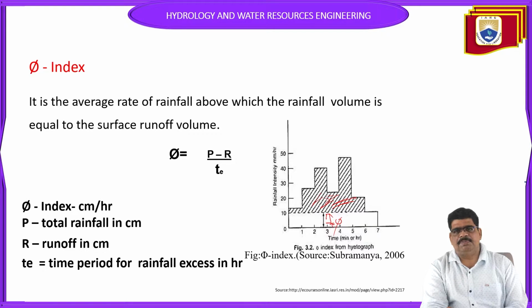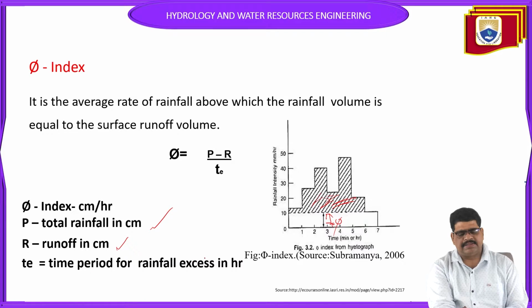So Phi is equal to (P minus R) by T, where Phi index is in centimeters per hour, P is the total rainfall in centimeters, R is the runoff in centimeters, and T is the time period of the rainfall excess. Applying this equation, we find the Phi index, using the hyetograph only. By using the hyetograph, we find the rainfall excess here.